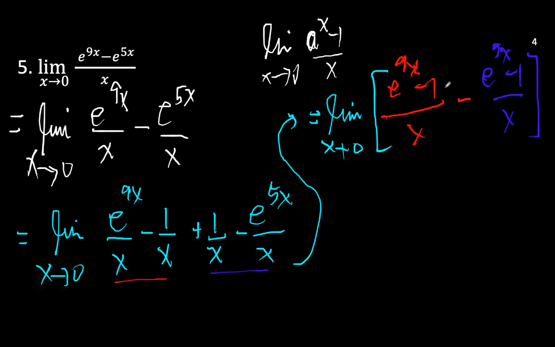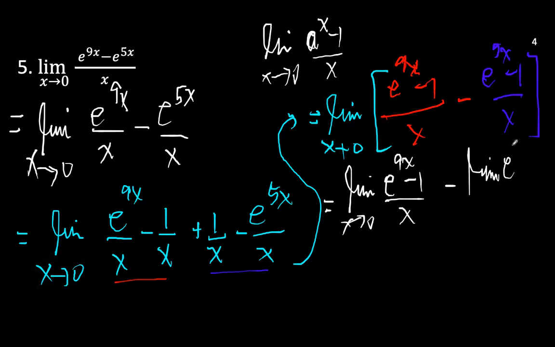To simplify this expression, we can use the given theorem. Let's simplify the limit of e raised to 9x minus 1 all over x as x approaches 0 minus the limit of e raised to 5x minus 1 over x as x approaches 0. We can multiply both numerator and denominator by 9 on the first term.